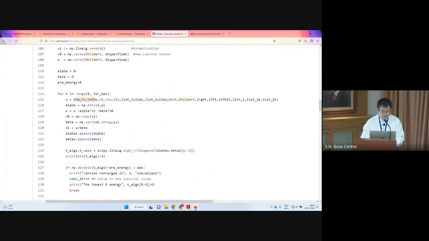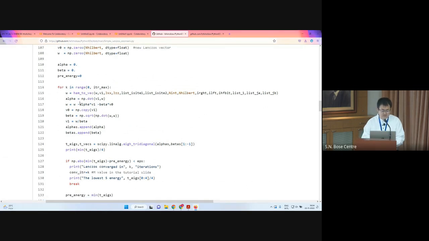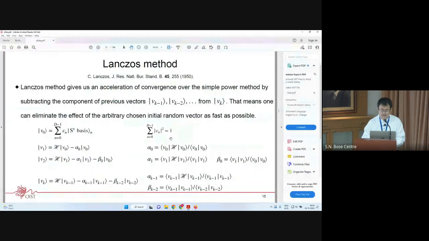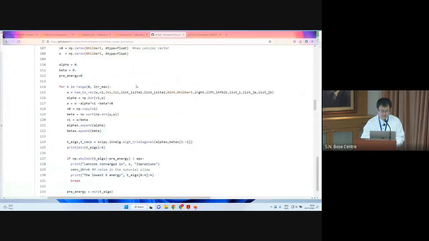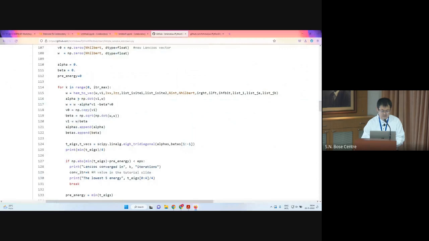After applying the Hamiltonian to the initial random vector, now is the time to get the alpha value. The alpha value is obtained from this equation. We started from this initial random spin vector. After operating the Hamiltonian on this initial spin vector, you can get alpha zero by using this equation. That procedure is done by this simple line.